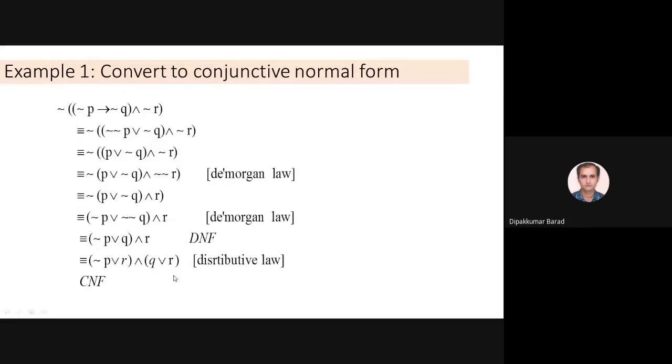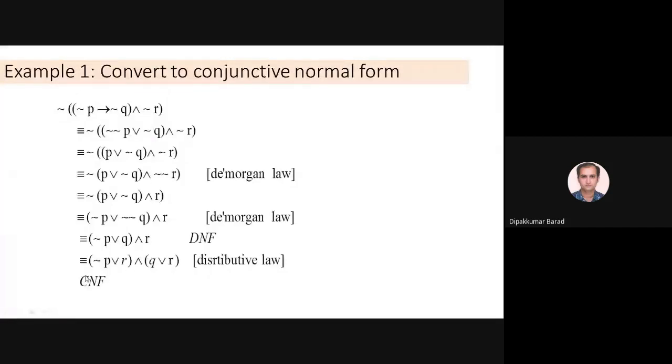So this is DNF, and if we apply the distributive law, then we get not P and R. So there is a correction here; this example is wrong after De Morgan's law, all these steps are not correct, as we get or here. Now if we apply distributive, then not P or R, and here we have and. So the last one is correct. So you get the CNF here.